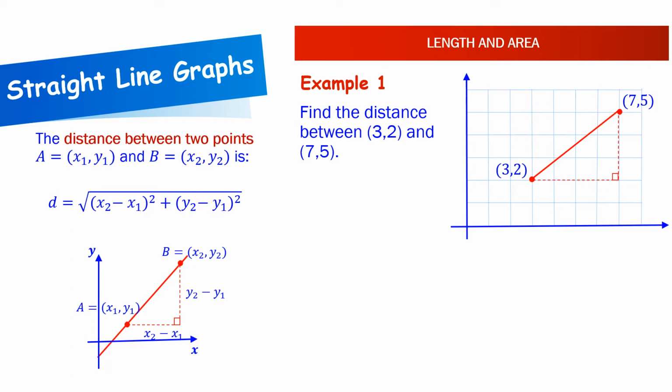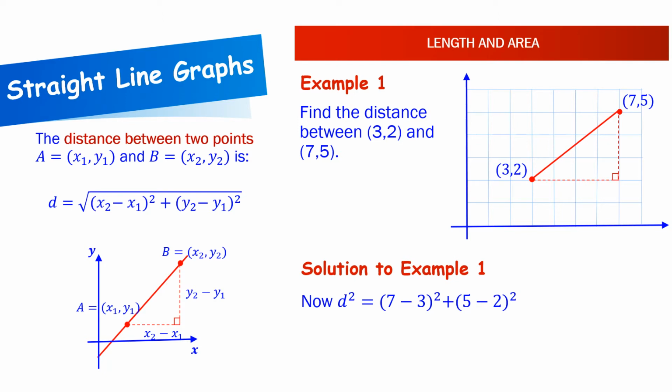So example 1 requires us to find the distance between the points (3, 2) and (7, 5) as shown on our graph. So length squared, or d squared, is as shown: the difference in the x coordinates all squared, plus the difference in the y coordinates all squared, to give 4 squared plus 3 squared.